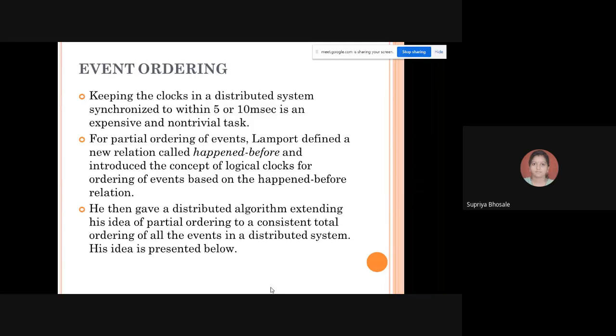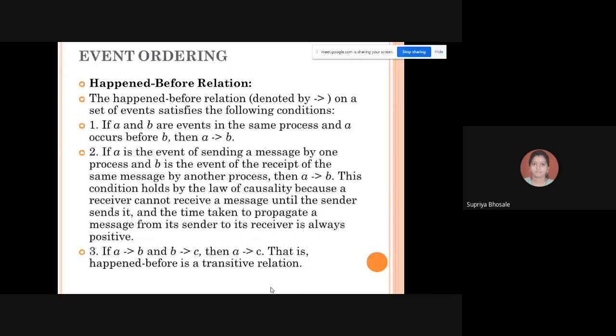So in this way he has implemented his idea. So the idea is presented like this, that is the happened before relation. So in this, which is denoted by arrow symbol, the set of events satisfies the following conditions.